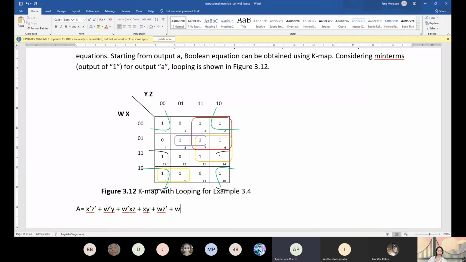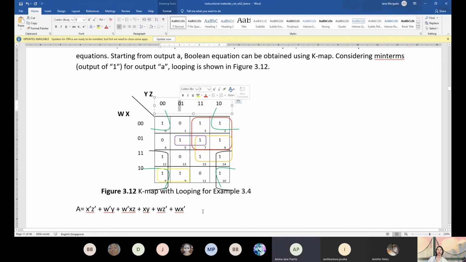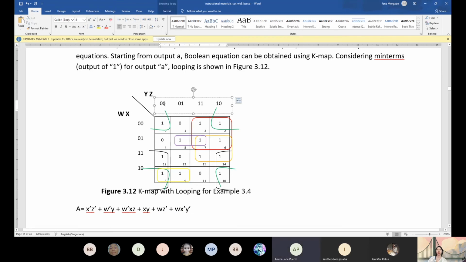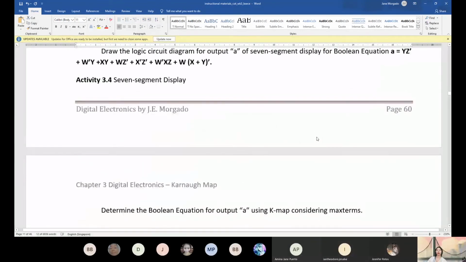For YZ, we have two values: 0, 0 and 0, 1. Compare Y. Y is 0, 0, so Y prime. And for Z, we have 0, 1. Eliminated. So this is the equation for A. Are we correct?